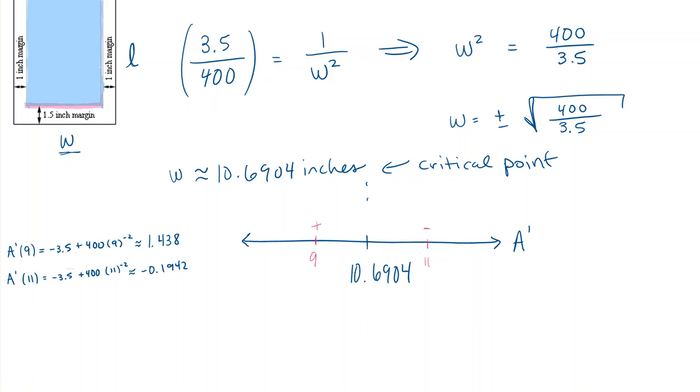That corresponds to the area function increasing for width values less than 10.6904, and then the printed area decreasing for all widths after that. So we've identified this critical point to be a local max.